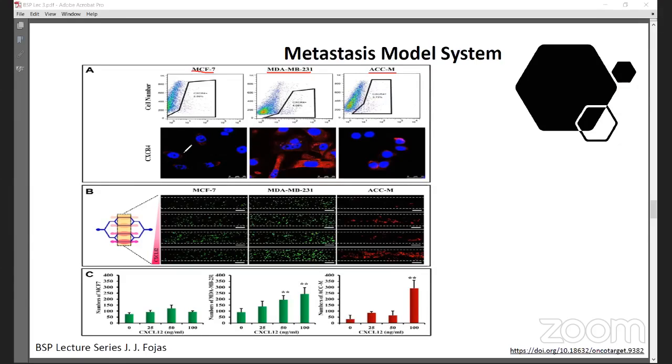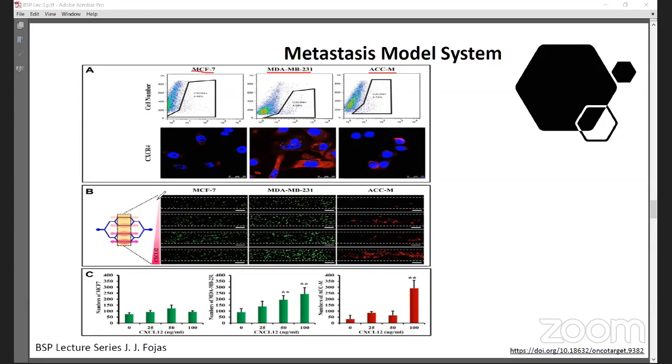And in image B, you have the CXCL12-induced CTC metastasis in the microfluidic model. So you have the concentrations of CXCL12. I think they varied the concentration: 0, 25, 50, and then 100. Yeah, I remember that because it's an increment of 25, so times 2, times 2, from the upper to the lower chambers.